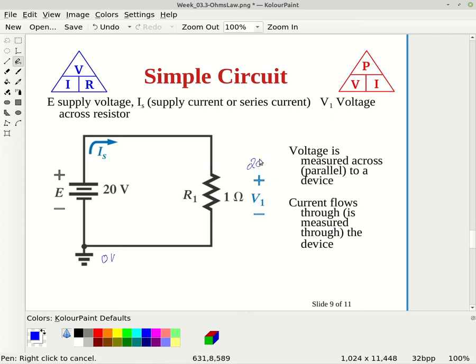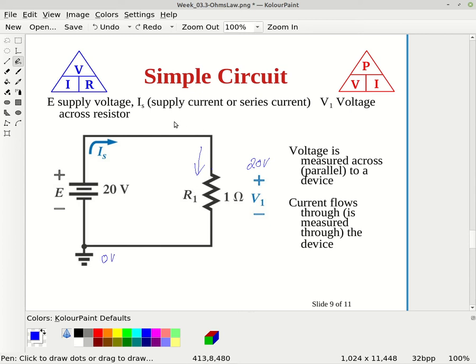So V1 is also going to be 20 volts. Therefore, using Ohm's law, we can find the current flowing through this resistor. This is a series circuit, so there's current flowing out of the battery through the resistor and back into the battery. So the current is the same everywhere within a series circuit.